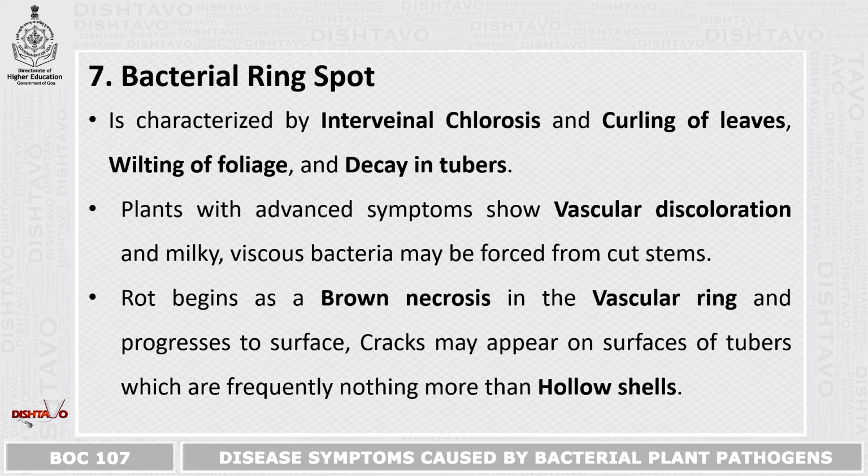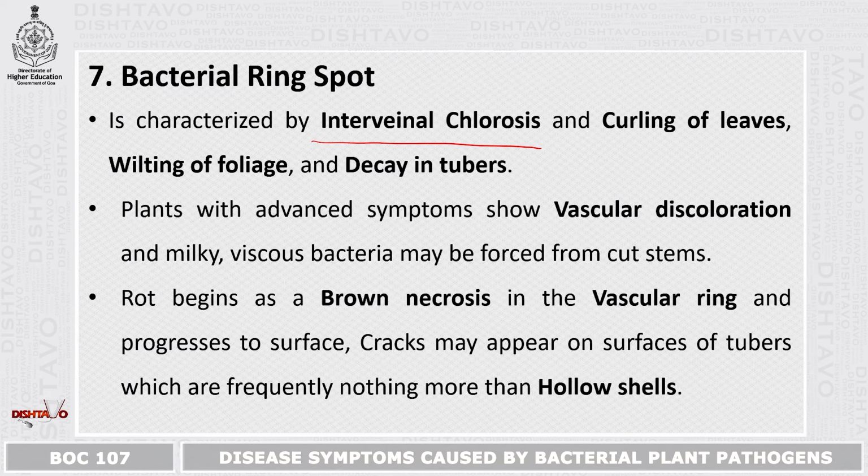Seventh symptom is bacterial ring spot. Bacterial ring spot is characterized by intervenal chlorosis. Always remember, in the ring spot there will be intervenal chlorosis or curling of the leaves or wilting of the foliage parts in the plant, or in case of tuber there will be decay in the tuber, or some ring spot in the tubers.